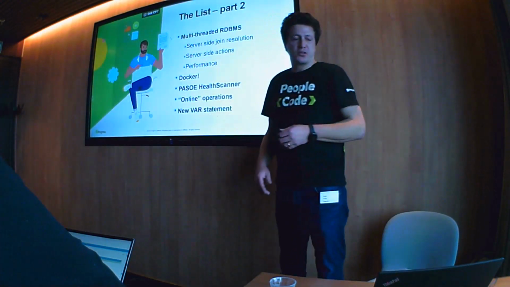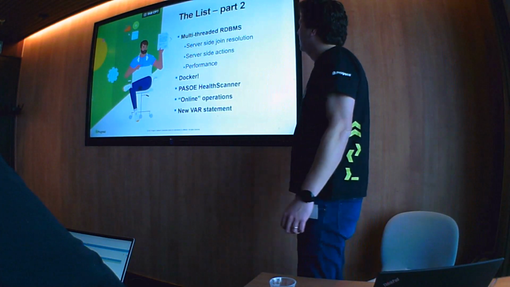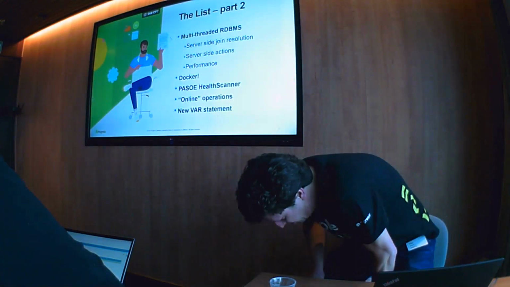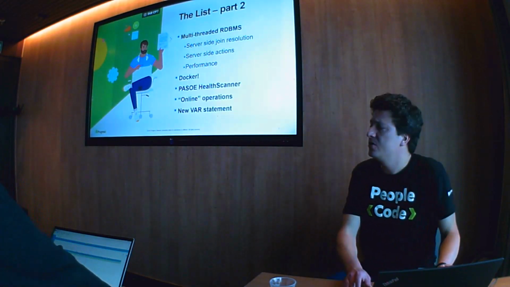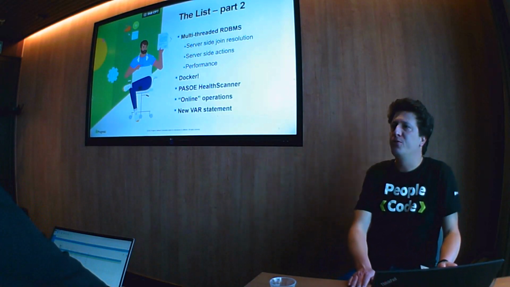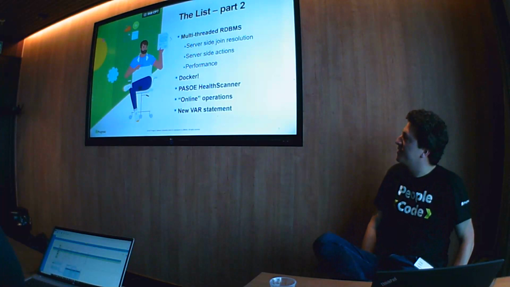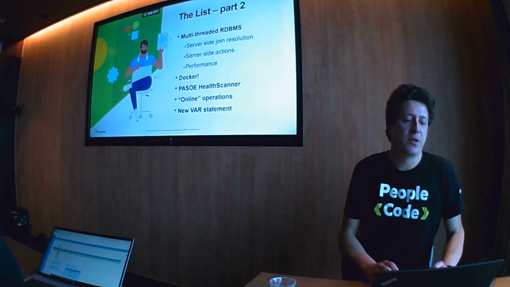And then there's the new VAR statement. You can argue again, is that a big or exciting change? I think sometimes it gets us a little bit closer to other languages that are doing stuff in a certain way. It can also reduce the number of lines of code, because you can combine a lot of variables on the same line.